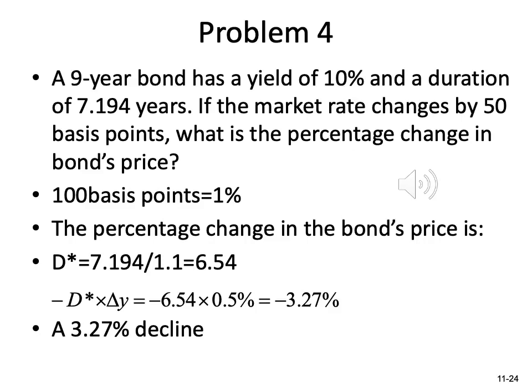According to the duration method, we first calculate the modified duration, which is duration divided by 1 plus the 10% yield, which is 6.56. The percentage change in the price will be minus modified duration times the change in the yield, which is 50 basis points. So the change in the price will be negative 3.27%, a 3.27% decline.